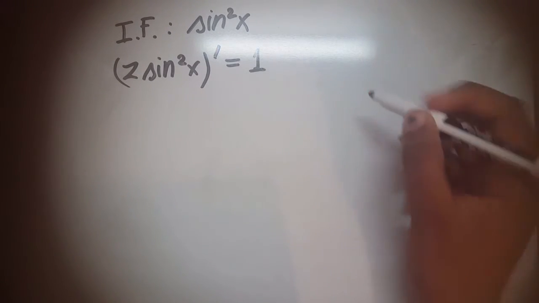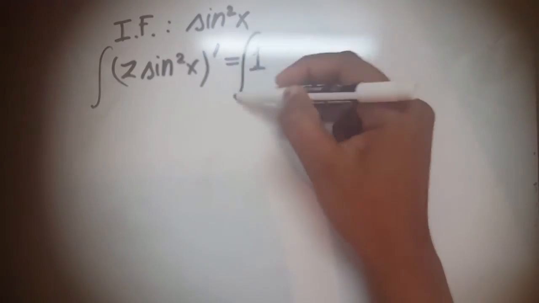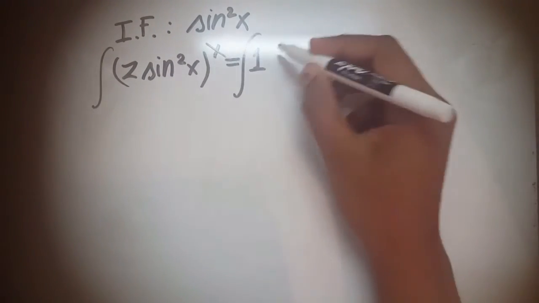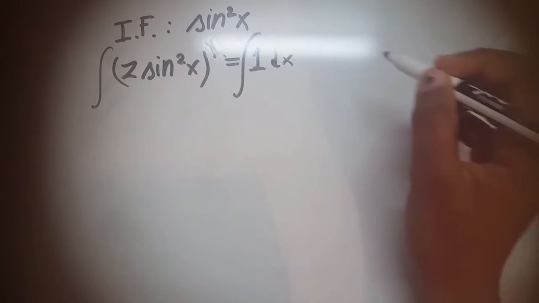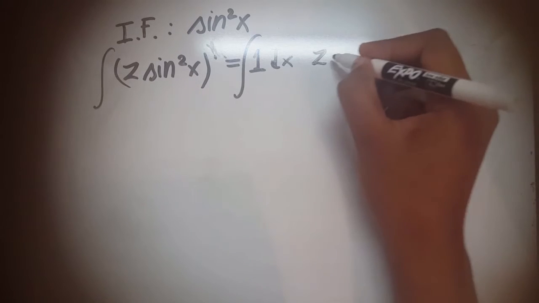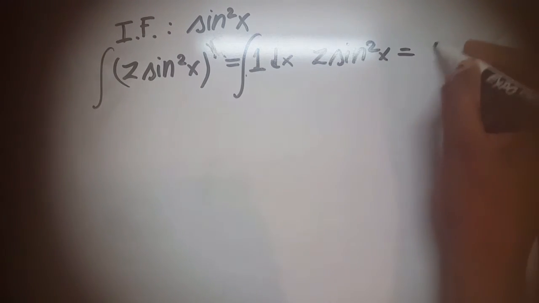So we can integrate both sides, right, to get rid of this, and you would have dx. So we would have z times sine squared of x equals x.